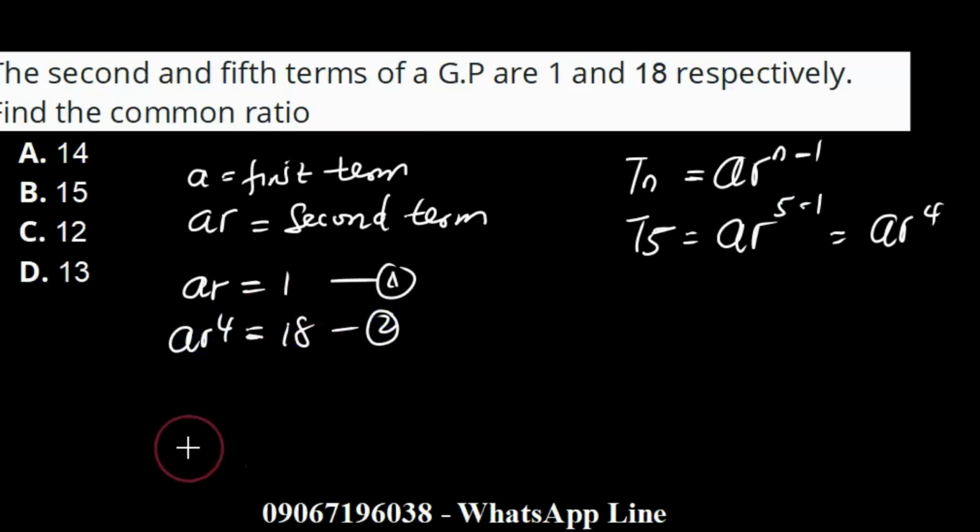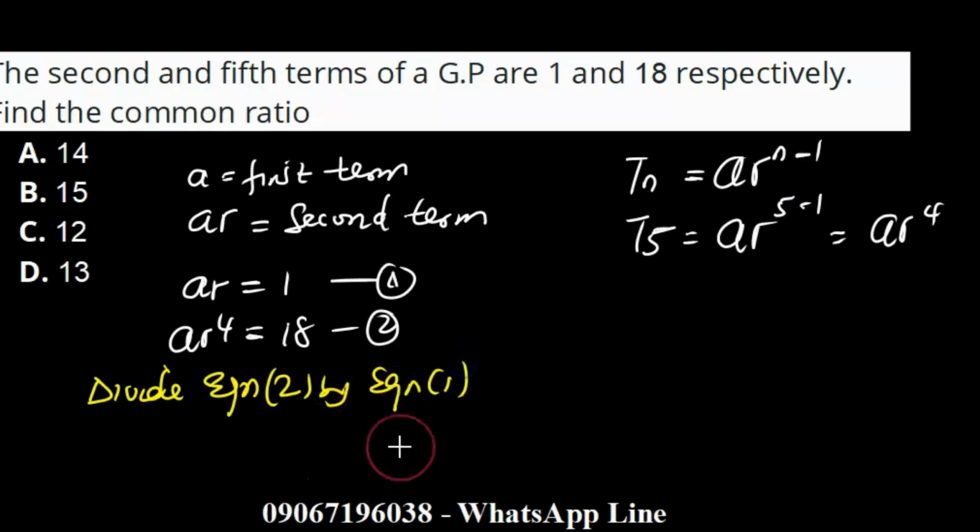All right, so what you're going to do now is to divide equation 2 by equation 1. If you do that, that will give us A R^4 divided by A R is equal to 18 divided by 1.